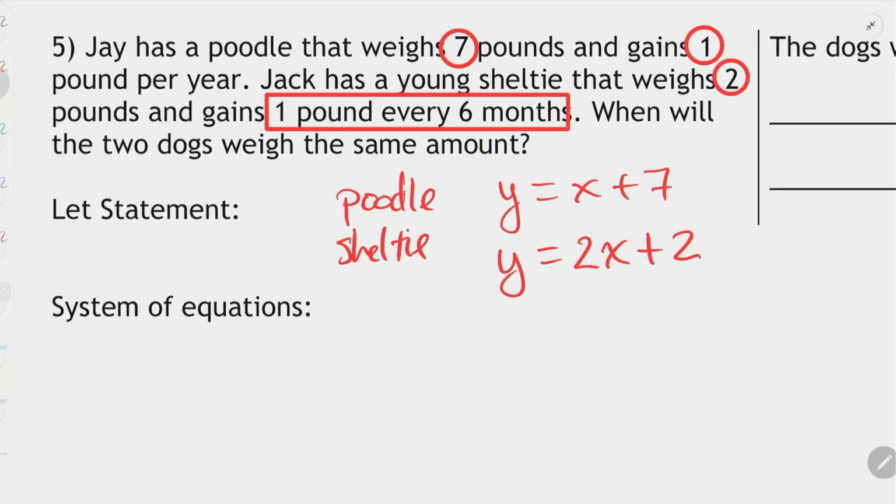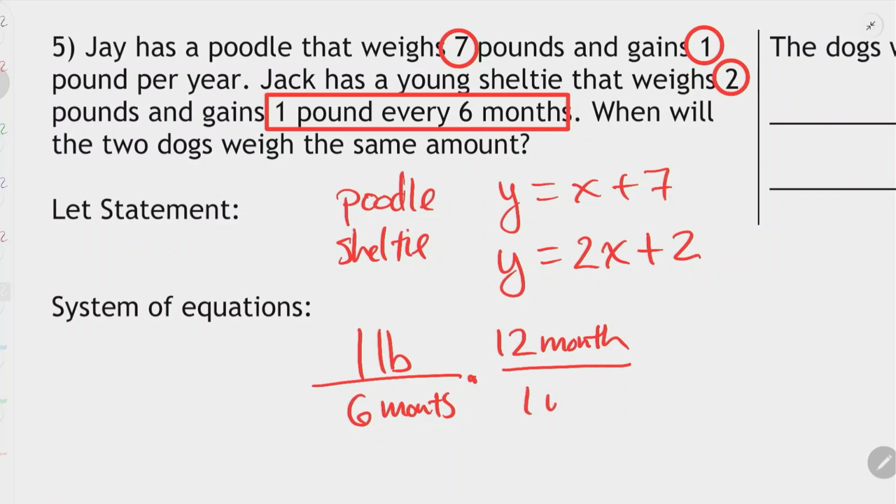It's been a while since we've looked at dimensional analysis, but I just want to confirm this. So 1 pound per 6 months. If I want to turn this into pounds per year, I want the months to go away. So I know that there are 12 months in 1 year.